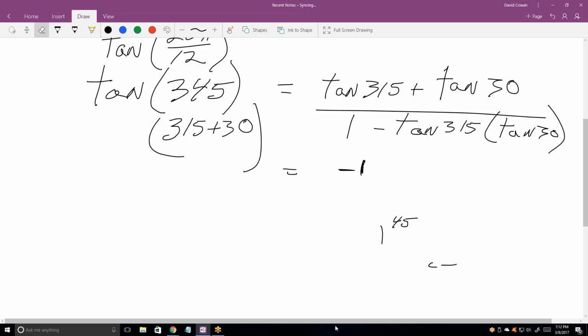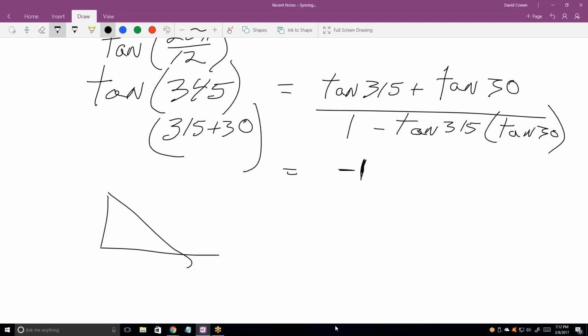Now, what's tan of 30? And I really think, rather than doing it the way you did it, even though it works just fine, you're always ending up dividing a fraction by a fraction when you have sine over cosine. Rather than do it that way, draw the 30-60 triangle and take the tan of 30.